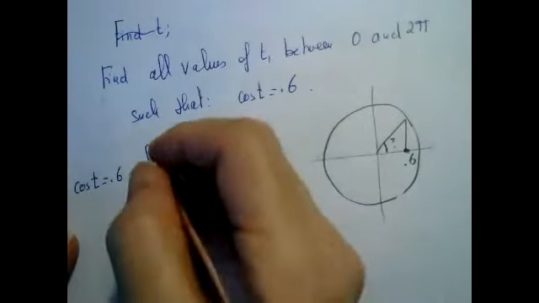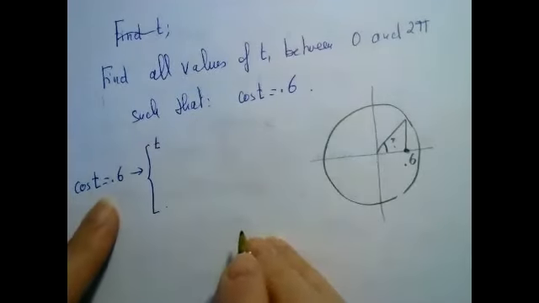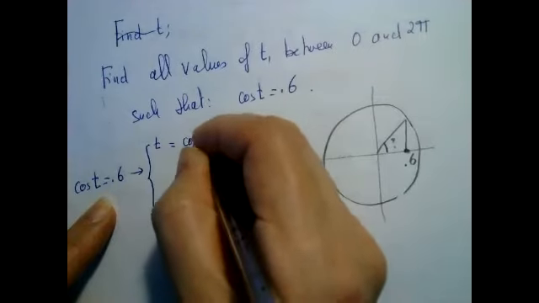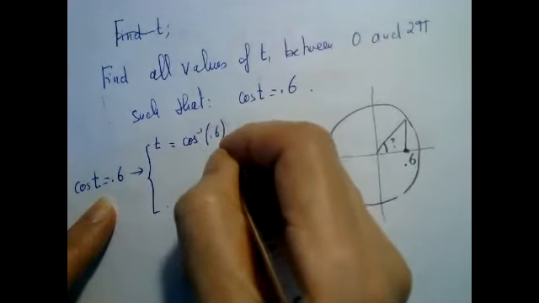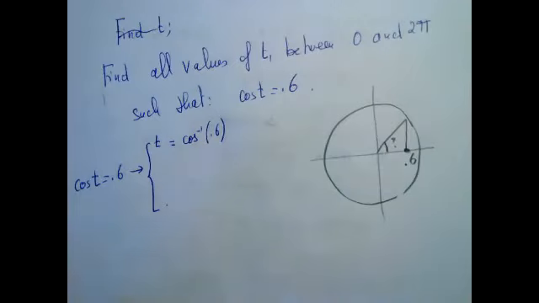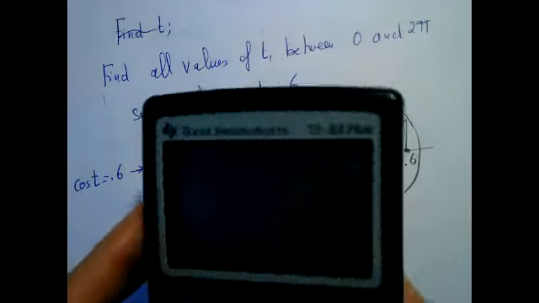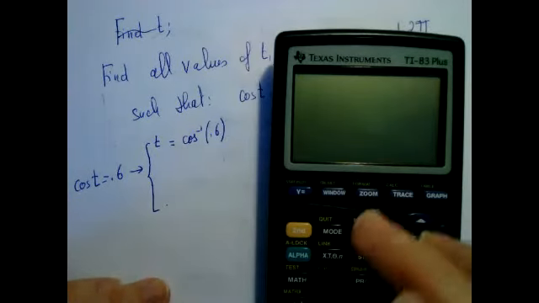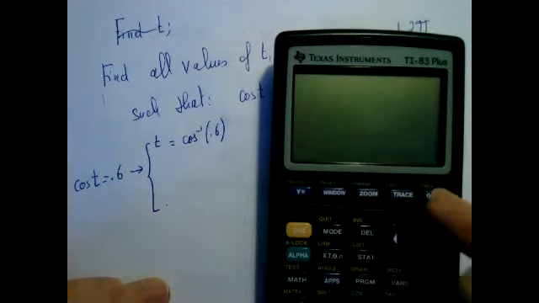What's the first value? If I know the cosine, the function we've talked about today will give you one angle. Cosine inverse of 0.6. That's really what this new function is. Now, if I am in radians, I'm going to pick up my calculator and put it in radian mode because I'm asking you between 0 and 2 pi.